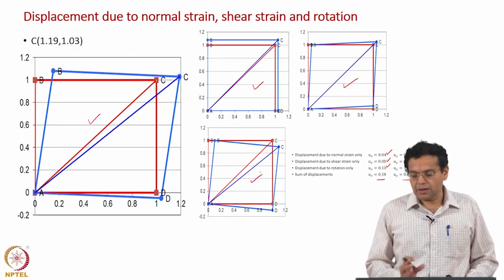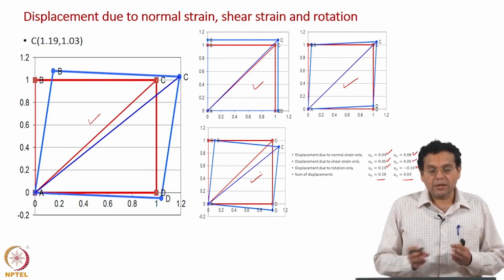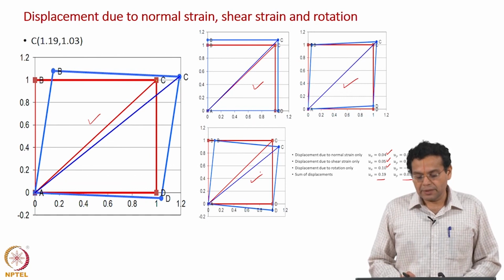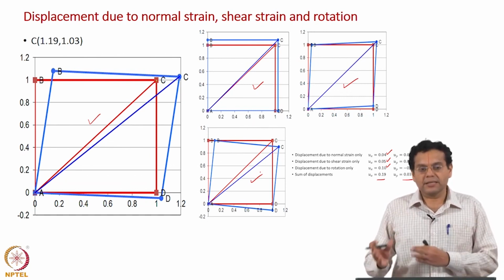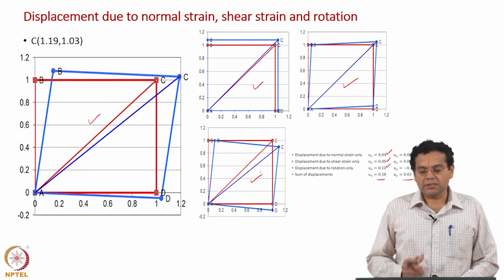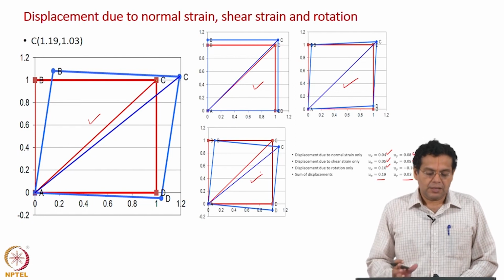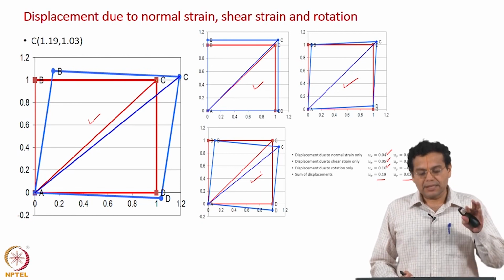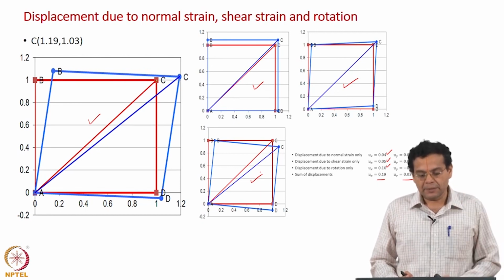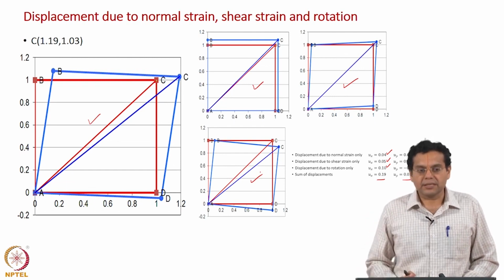When you sum up all the displacements, once again you get the left hand side figure, but now by decomposing the total displacement, splitting that into components because of normal strain, shear strain and rotation only. So, a good example to visualize what we mean by representing a displacement gradient tensor as sum of strain tensor plus a rotation tensor, okay.